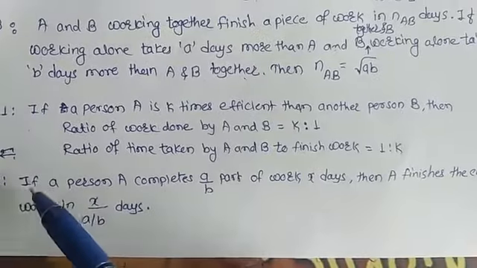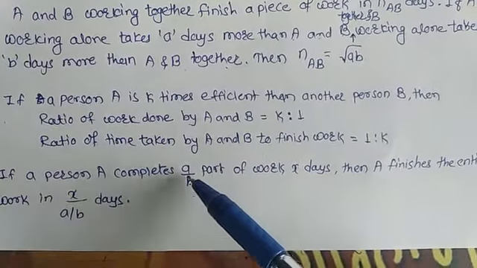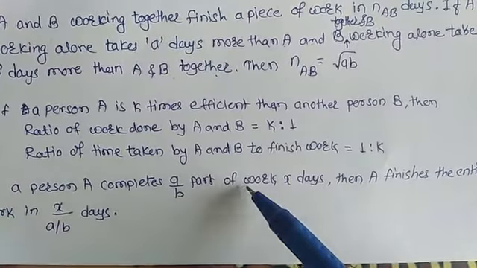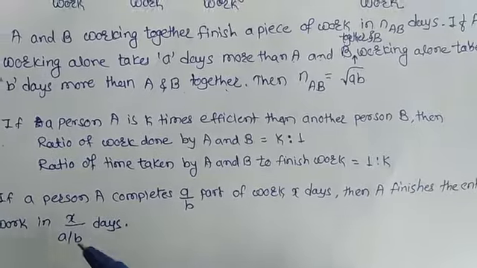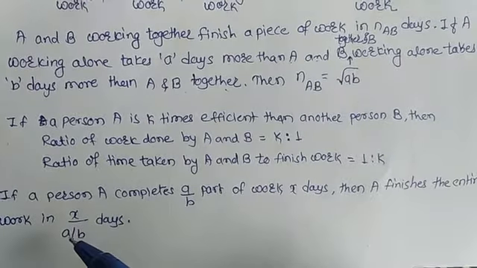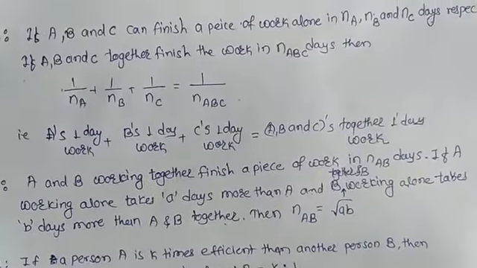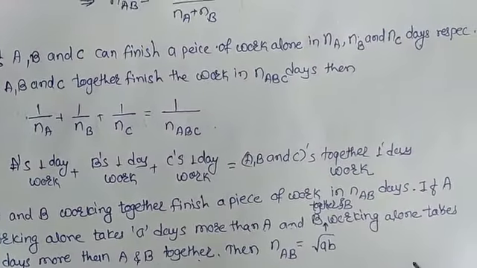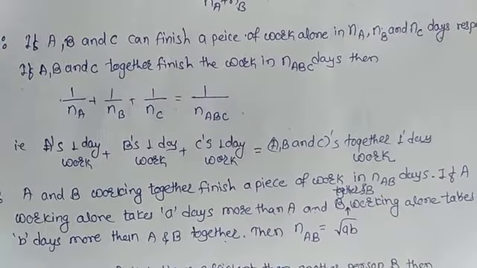And the second remark is: if a person A completes a upon b part of the work in x days, then A finishes the entire work in x upon a upon b days. So these are the formulas regarding time and work. Now we will see examples related to this.